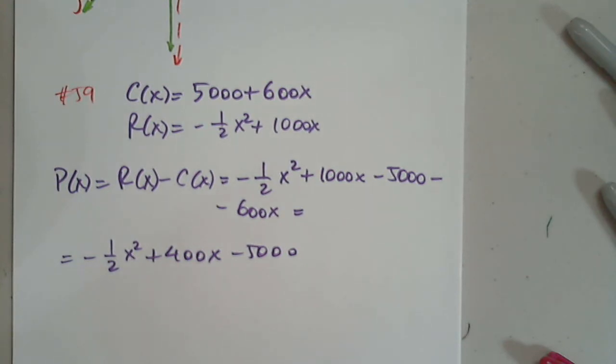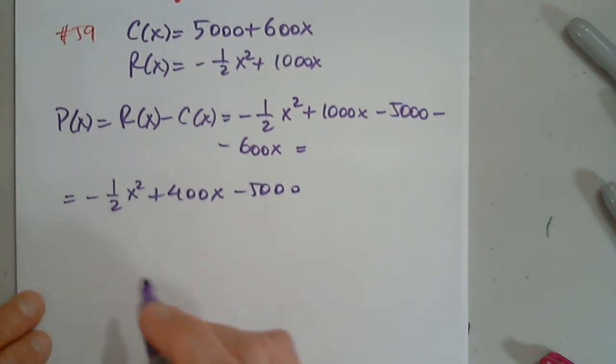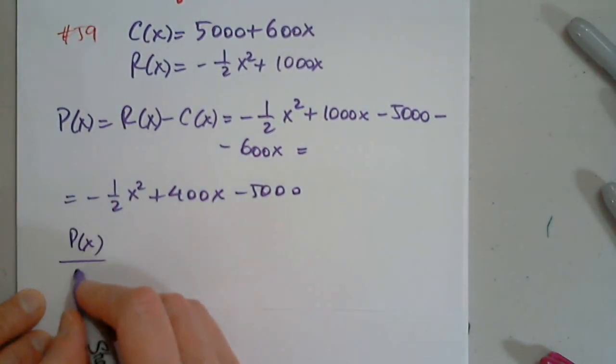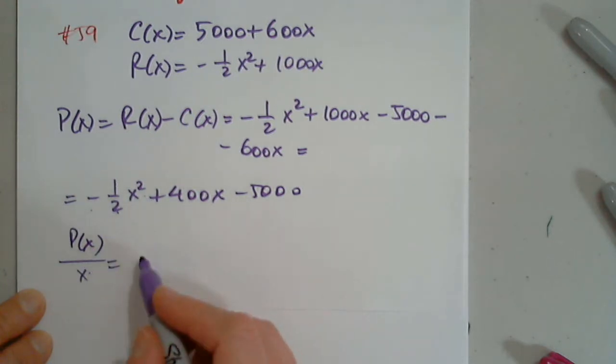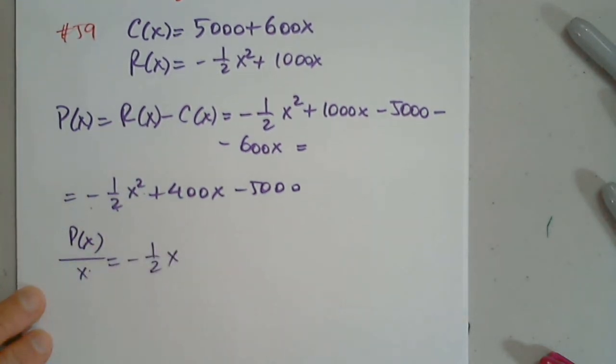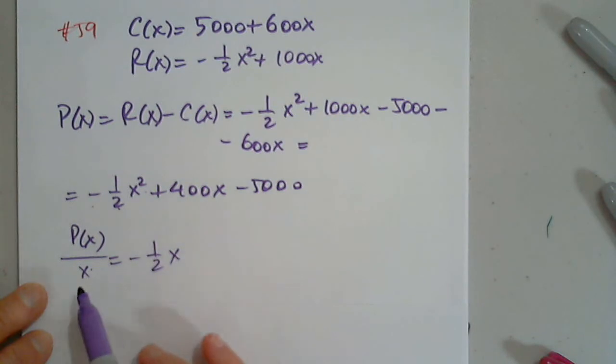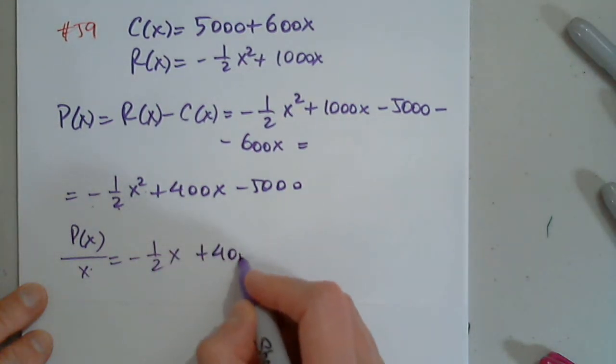Okay, so let's continue. Part B, find the average profit, which is P of X divided by X. It's given, so let's find this. Okay, fine, no worries. So P of X divided by X: negative 1/2 X squared divided by X is negative 1/2 X. 400X divided by X is just 400.